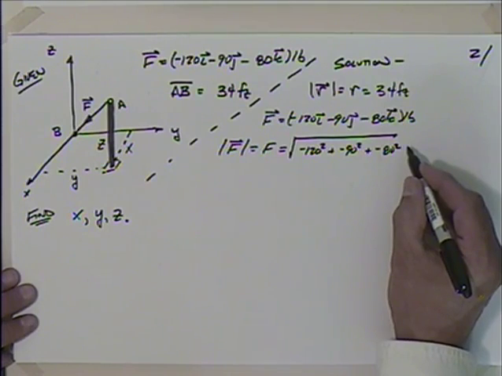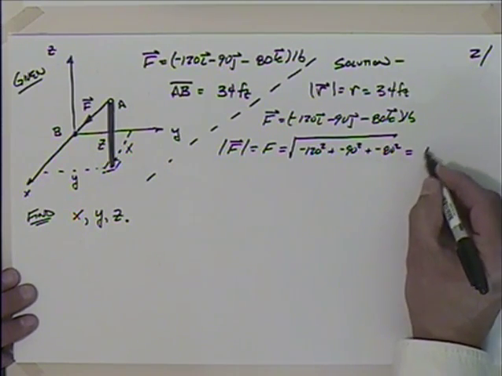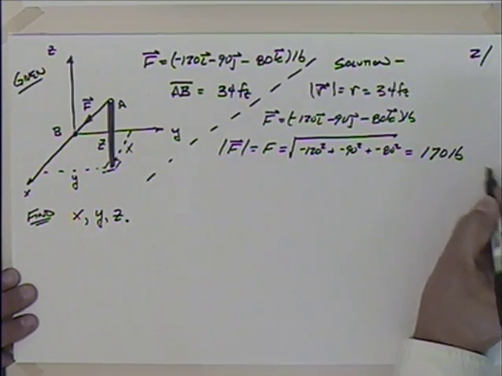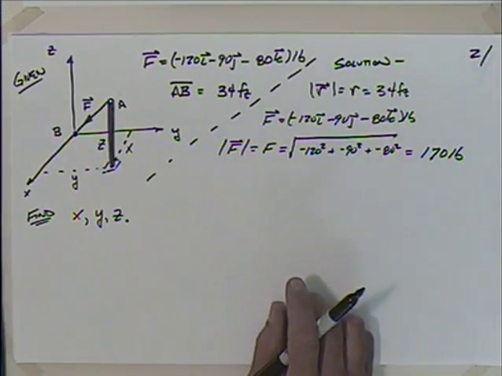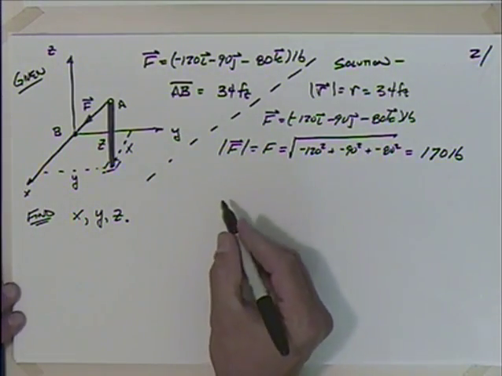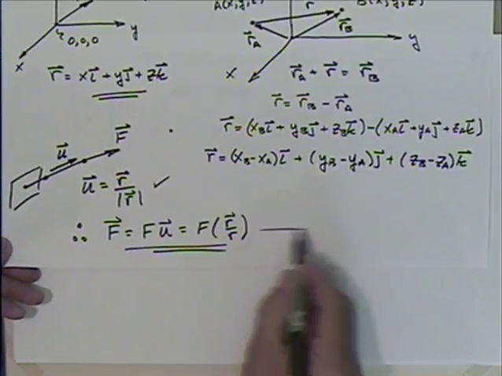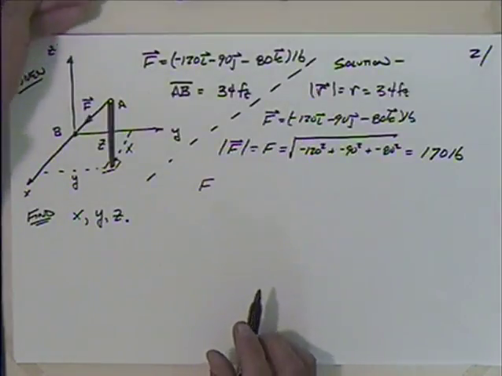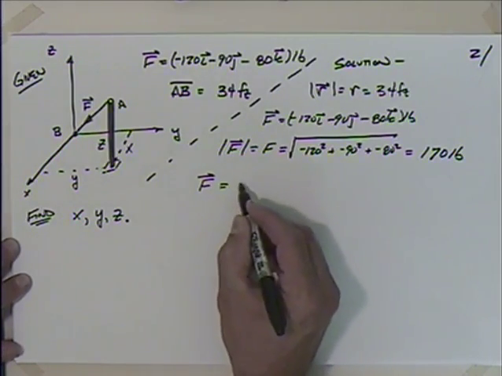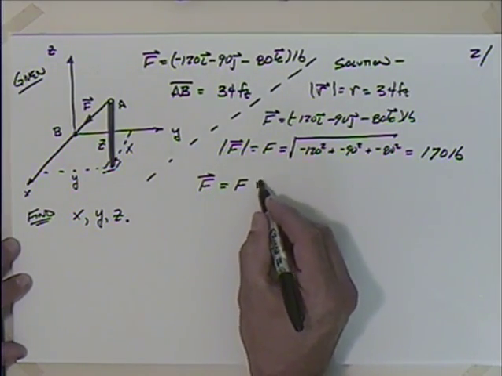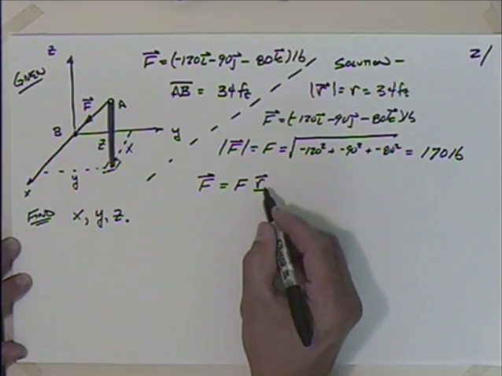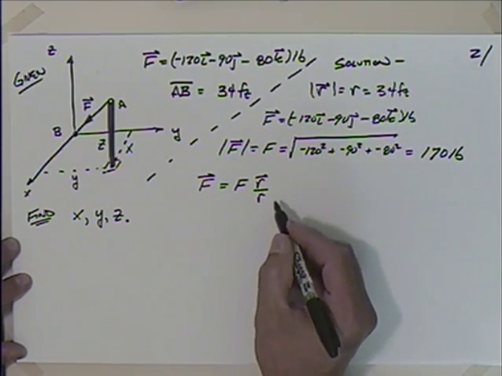When you go through all the math, you come up with 170 pounds. Okay, so that's the magnitude of that. So let's go look at the equation here and see what we have. We know from our previous work, this equation that we developed, that F is equal to the magnitude of F times the position vector divided by the magnitude of that position vector.